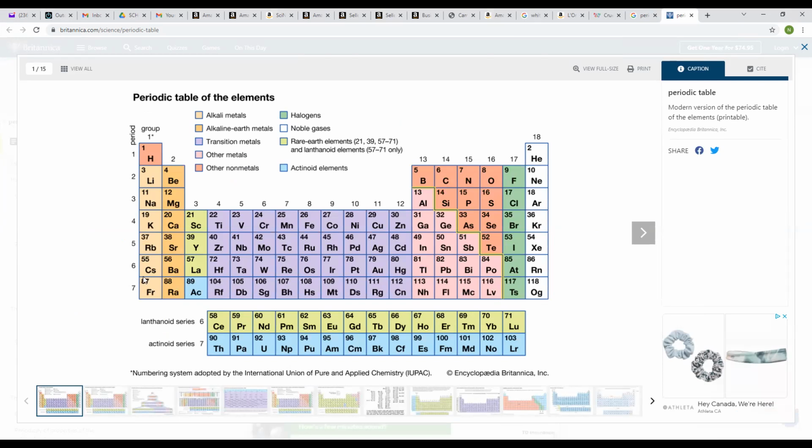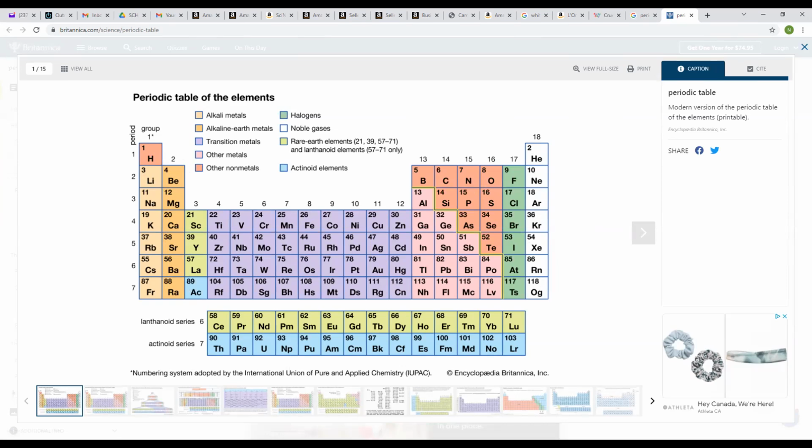The groups are these columns here: group 1, group 2, group 3, and so on, all the way to the end. The elements lined up under group 1 share certain things in common, and the elements in this very last column share certain properties in common. That's what we mean when we talk about groups.